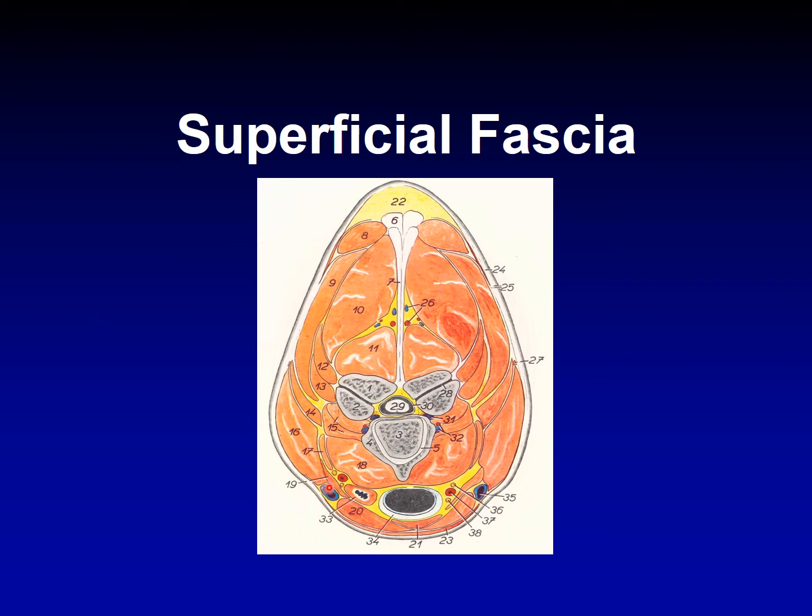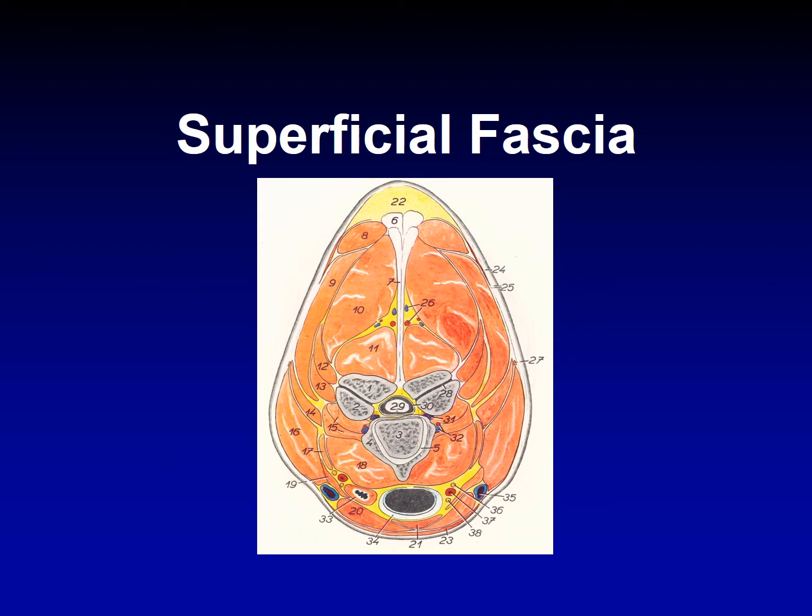These are the areas of the jugular groove. This is a cross section, by the way, of the neck at the level of the fifth cervical vertebra. And the superficial fascia wraps around the jugular groove as well as the superficial muscles.